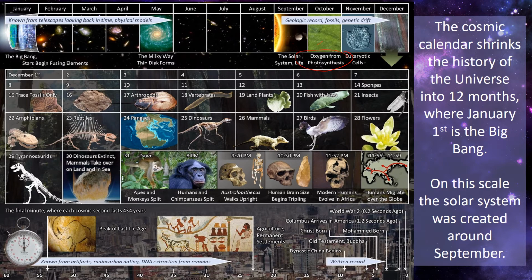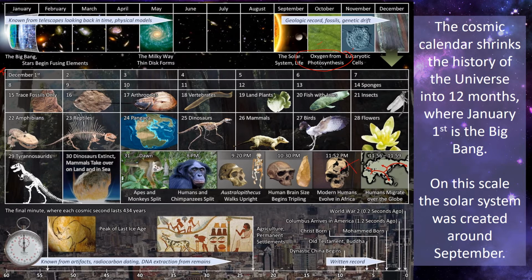Now, if you remember from this part, this happened about 3 billion years ago. And then eukaryotic cells are happening 2 billion years ago. And that means that modern life on Earth would have started from December. And then we've got all this kind of evolution.